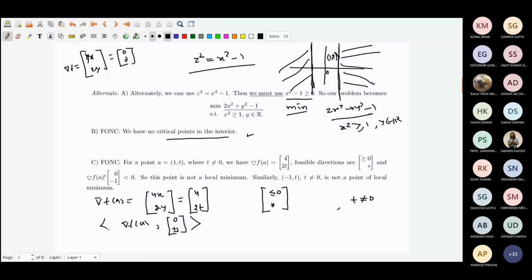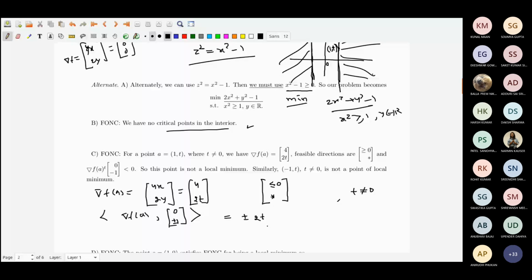For plus 1 it is 2t, for minus 1 it is minus 2t. So the point 1 comma t does not satisfy even the necessary condition to be a local minimum. So it automatically removes that.